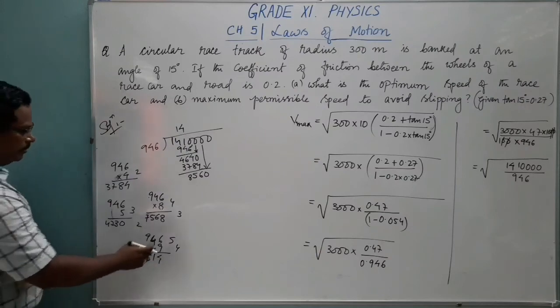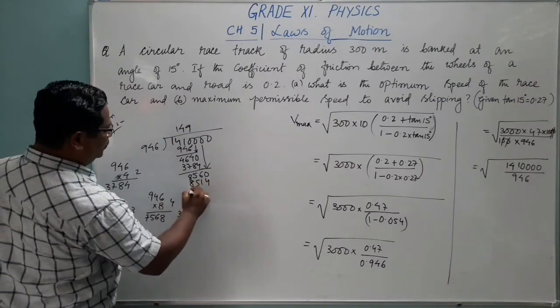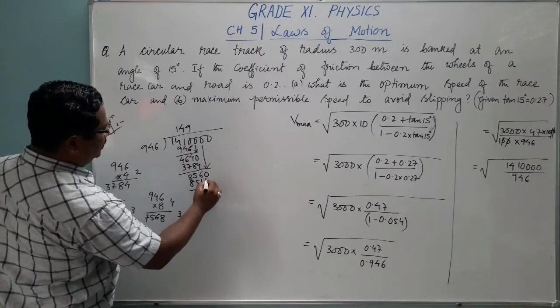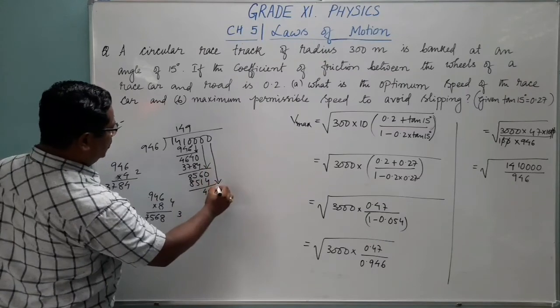This also will come 9 times. This is 8514. Then subtract it, 10 minus 4 is 6, 5 minus 1 is 4.